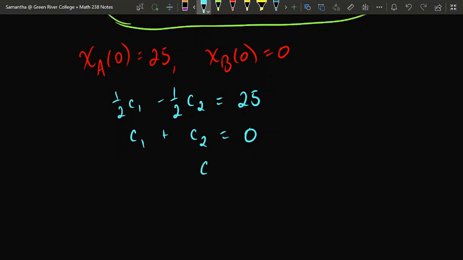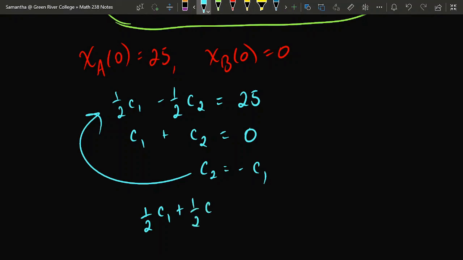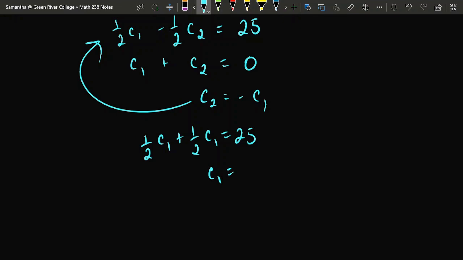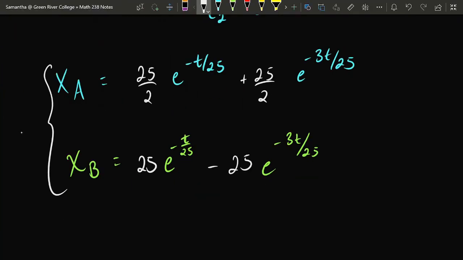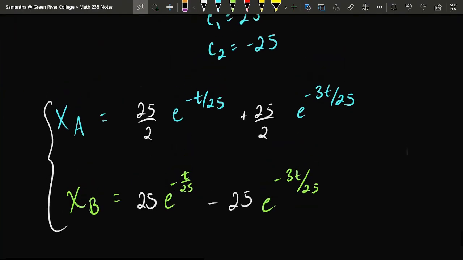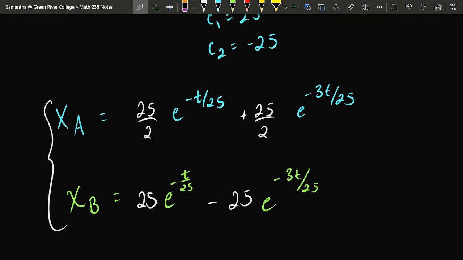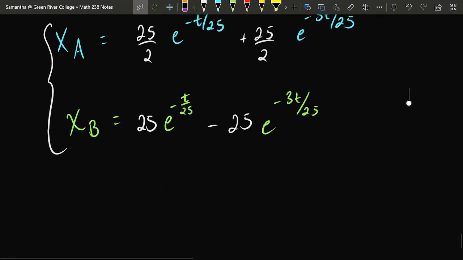So this means that c2 and c1 are opposite, and if I plug that into equation number 1, 1/2 c1 plus 1/2 c1 is 25, therefore c1 is 25, and therefore c2 is the opposite of that, minus 25. All that we have to do is plug the values of c1 and c2 that we calculated into the equations for xa and xb.